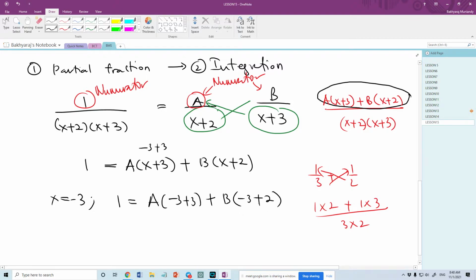So I substitute negative 3, and I get 0 here, so I can go for the answer for B. So I get 1 equals, anyhow this part will be 0, plus, negative 3 plus 2 gives you negative 1. So you get negative B.